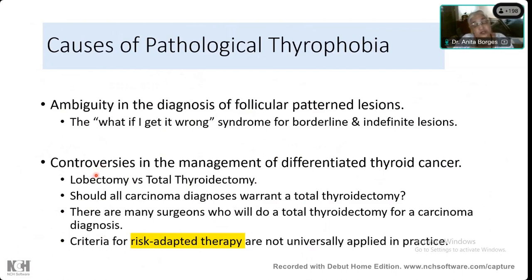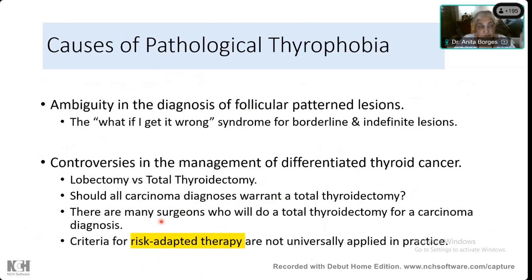There were controversies in the management of differentiated thyroid carcinoma. And the question was, should a lobectomy be done versus total thyroidectomy? And should all carcinoma diagnoses warrant a total thyroidectomy, the whole gland to be removed? And there were many surgeons who still today will do a total thyroidectomy for a carcinoma diagnosis.